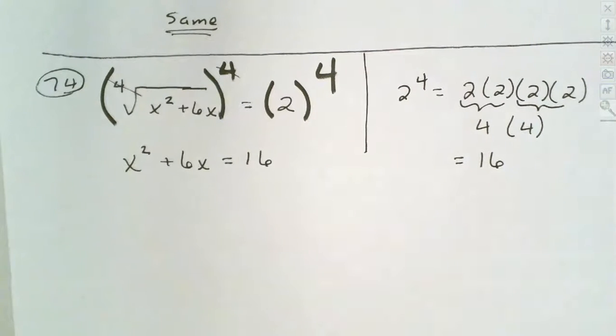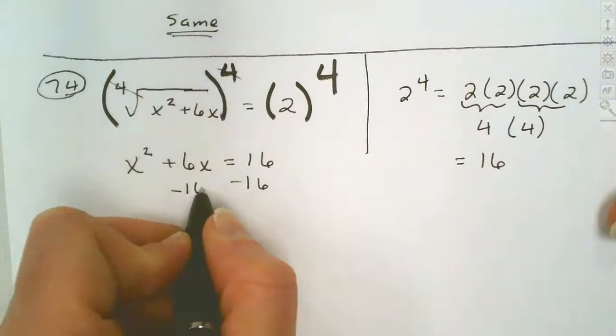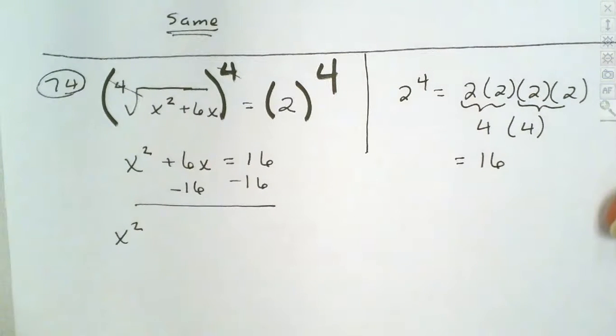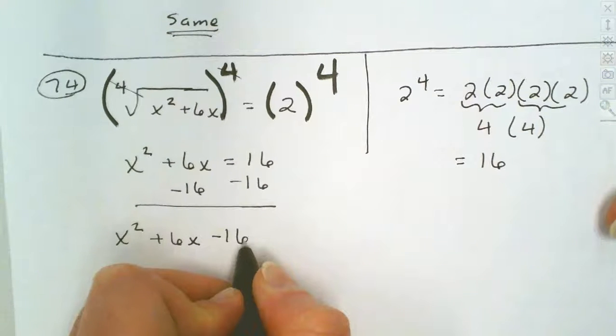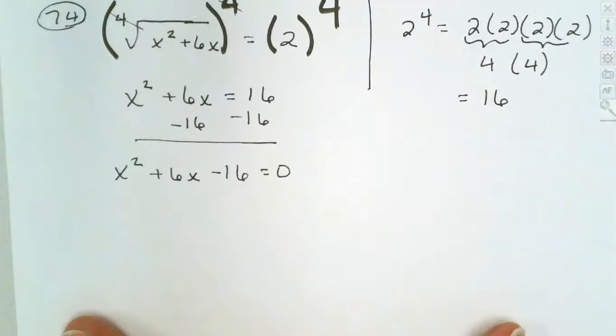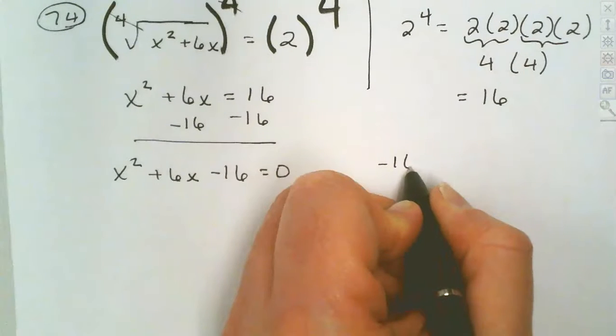What do we need to do? We solved a lot of these. We're going to move that 16 over. And now we are left with x squared plus 6x minus 16 equals 0. This is going to factor out very easily because we've got a minus 16.